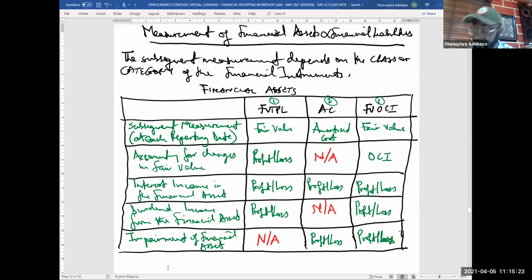That is the bucket. Let me put a spotlight there so that I can see what I'm talking about. This bucket is also fair value, Abby, but we are subjecting it to impairment assessment.